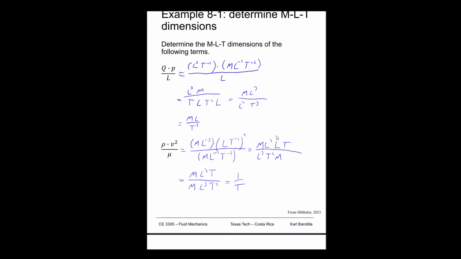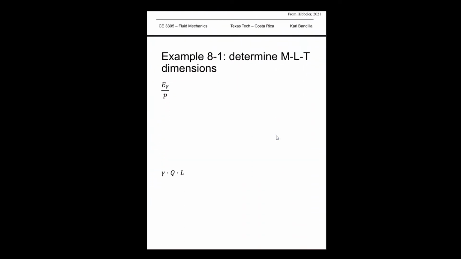Let's see what else we have. We have the bulk modulus divided by a pressure. Well, this should come out to be dimensionless because our bulk modulus has the same units, right? It's given in pascals. So let's see if that works. If we look at the bulk modulus, it is given to us as M L to the minus 1, T to the minus 2.